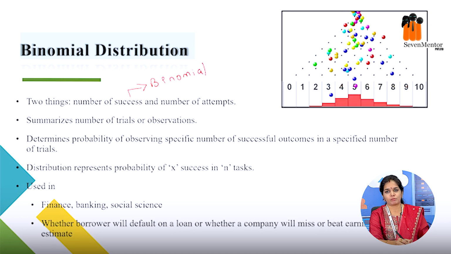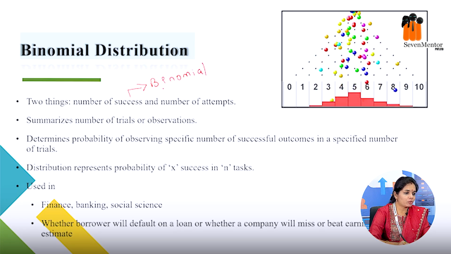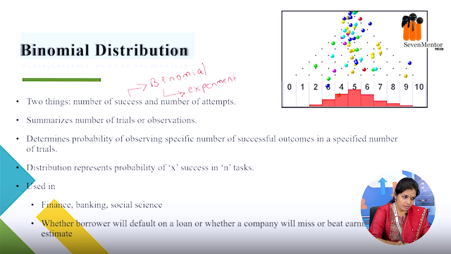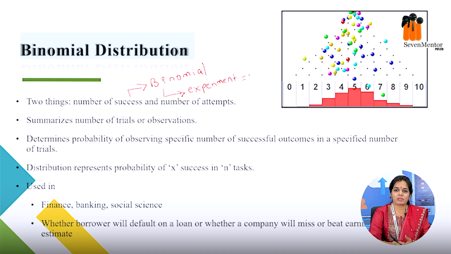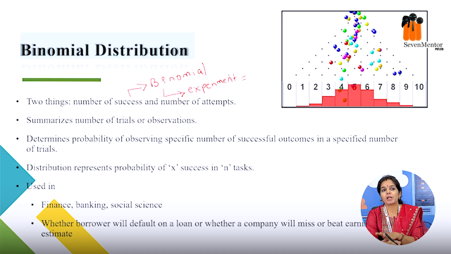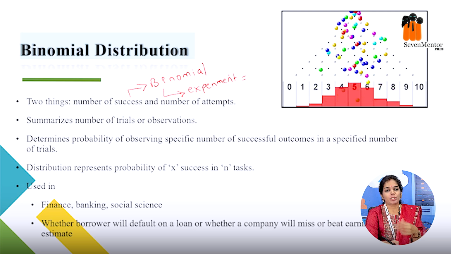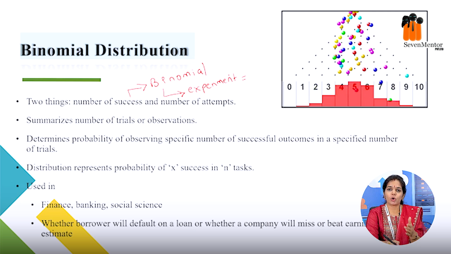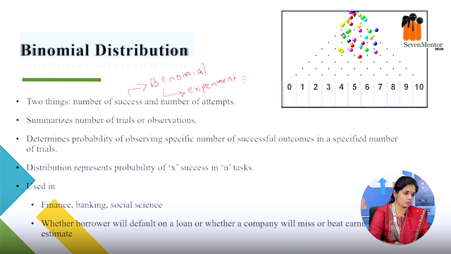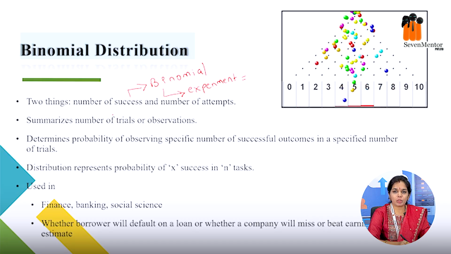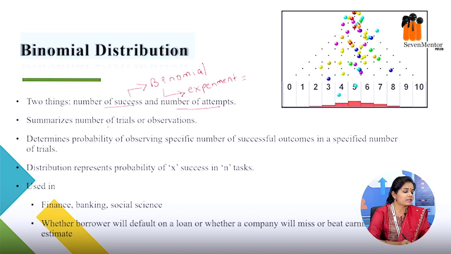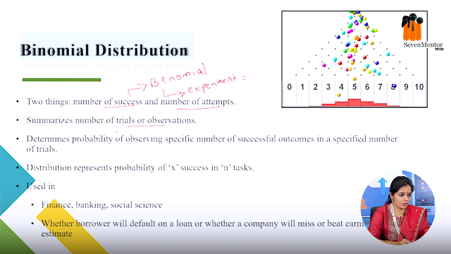So here we will be conducting the experiments more than once, so that we can reach a conclusion and understand how the event occurs in different situations, or whether it would be the same in all situations. Okay, that we will come to know. Here the two important parameters are number of successes and number of attempts. It summarizes the number of trials and observations.